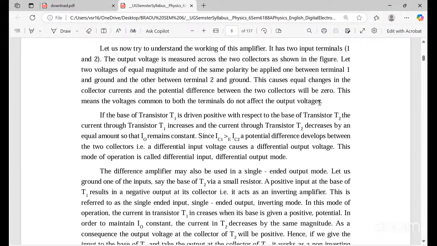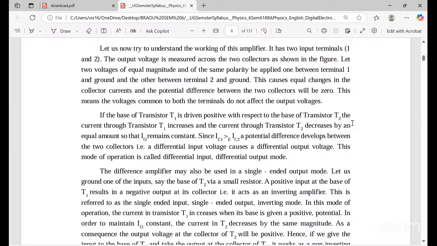Let us try to understand the concept. It has two input terminals, 1 and 2. Output voltage is measured across the two collectors. Let two voltages of equal magnitude and the same polarities be applied, one between terminal 1 and ground and the other between terminal 2 and ground.